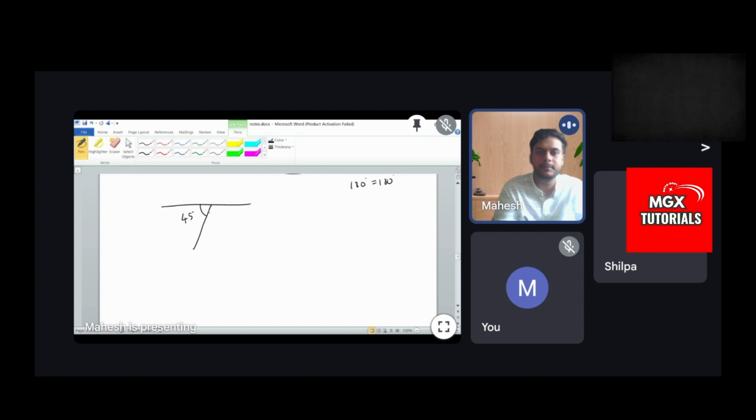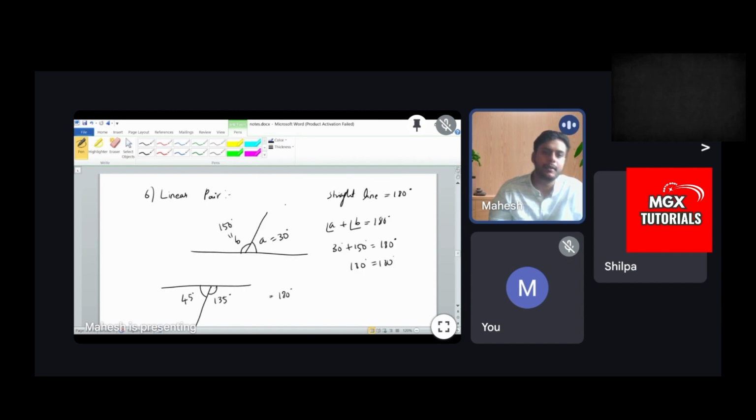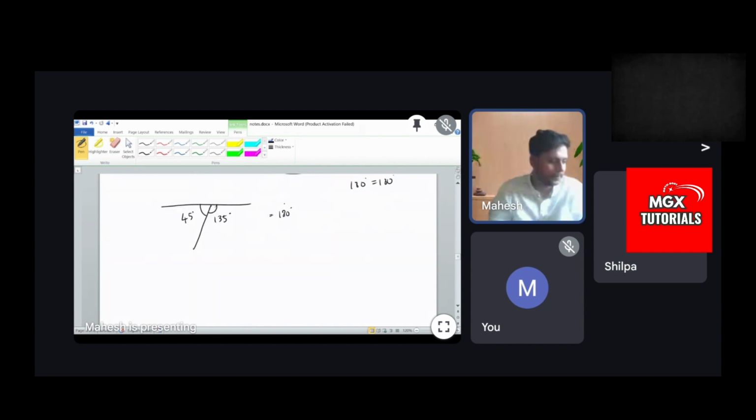How much will this be? Very good, 135. If you add both, it will be equal to 180 degrees. This was about the linear pair. A linear pair will only work when the line is a straight line. Okay. Next.